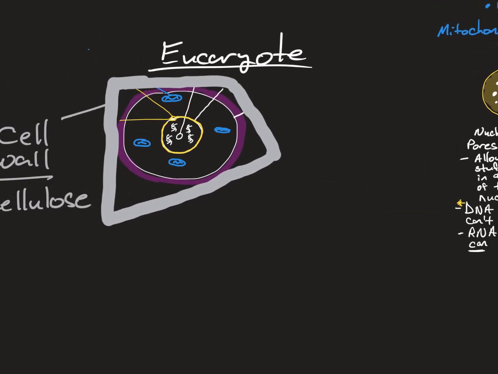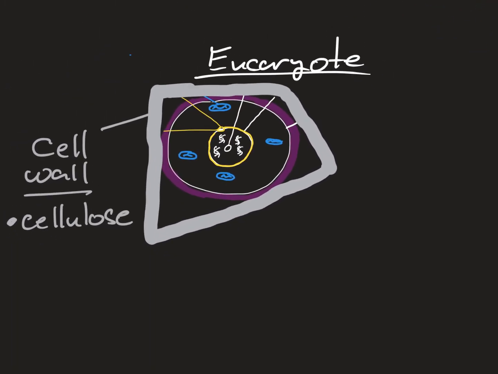And inside the cell, this eukaryote has something else that's weird. These things, they look weird. They have stacks of membranes. Again, double membrane. Let's go ahead and draw that out here. They have double membranes. They have their own DNA.